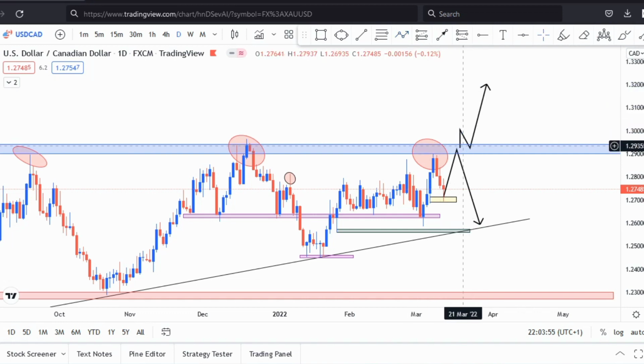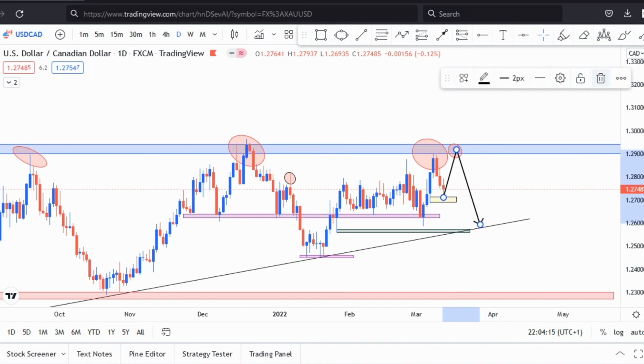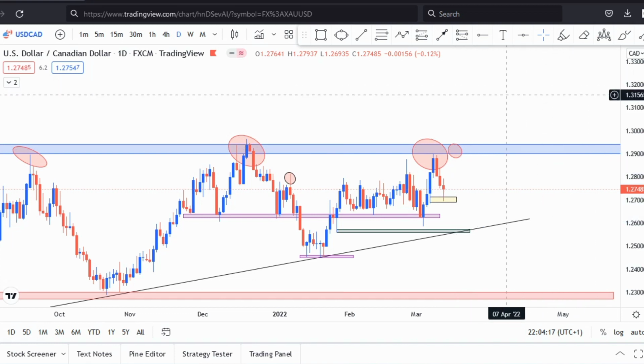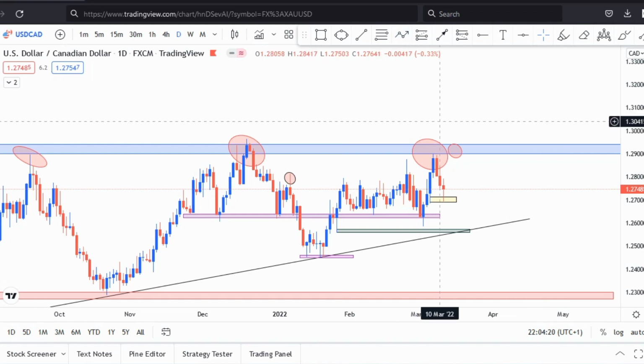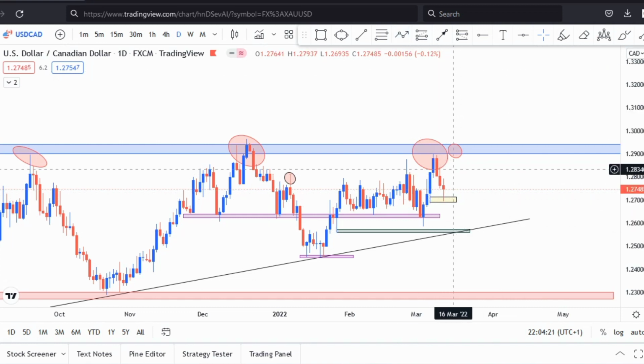All right, so all in all, from what I've said so far, this level seems to be very key for us, this support level, this resistance level over here, and that's what we'll be looking for price reaction. So at this juncture, we are at a crossroads, and what I would say is, for sure, it's very difficult to say whether price will go to the downside or the upside.